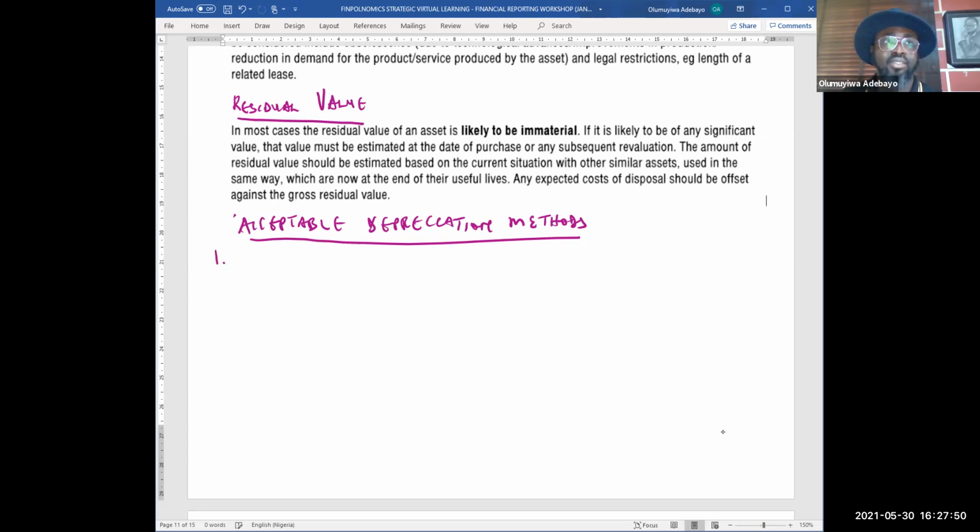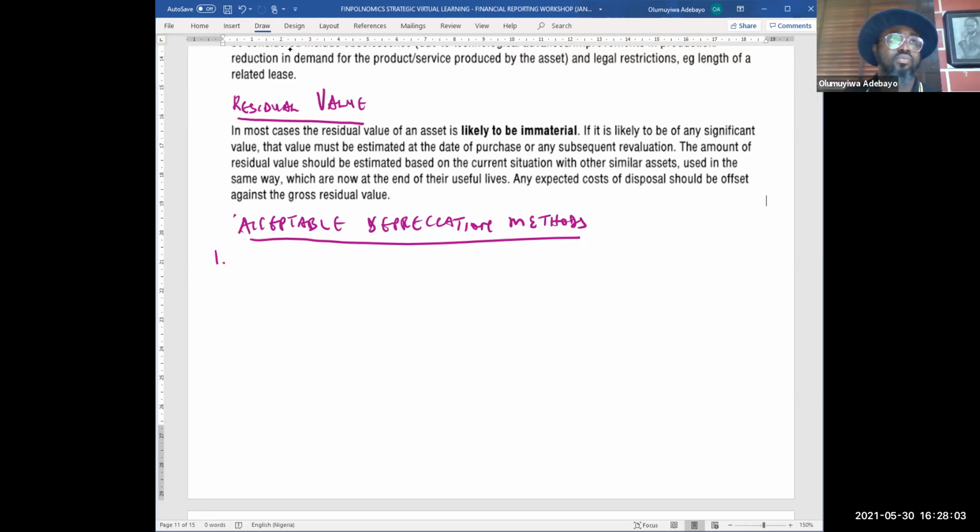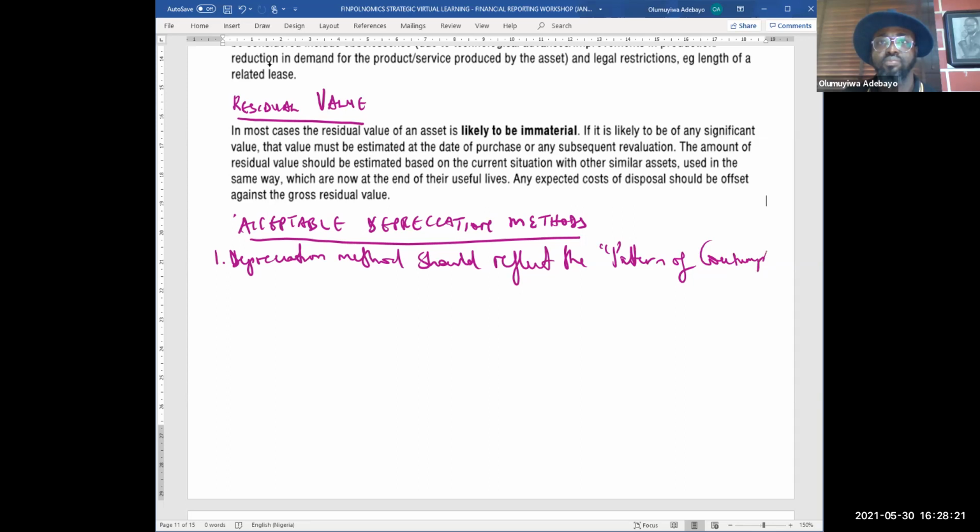is that, one, the depreciation method should reflect the pattern of consumption or usage of an asset.